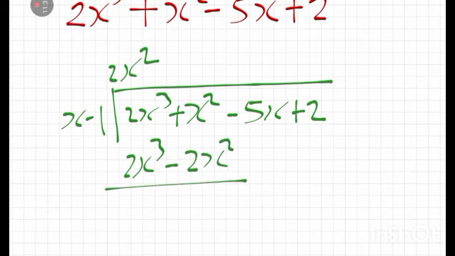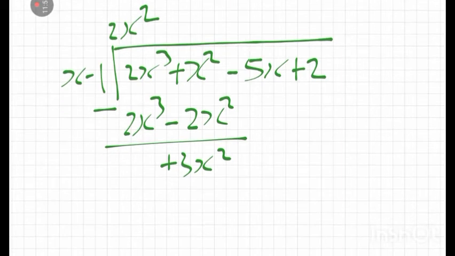Then I have to subtract. x squared minus minus 2x squared, that is plus 3x squared.